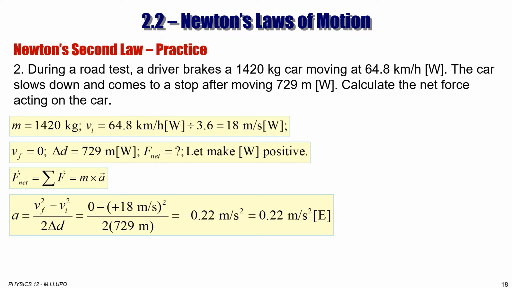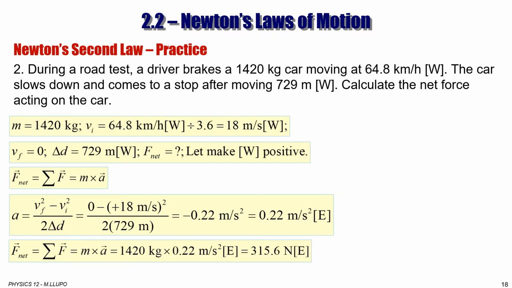Since we used west as positive, if we reverse it, that is going to be east. So it's 0.22 meters per second squared east, which makes sense. Now we can calculate F net equal to m times a.